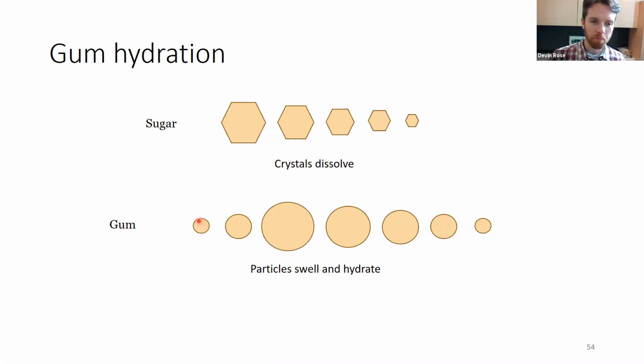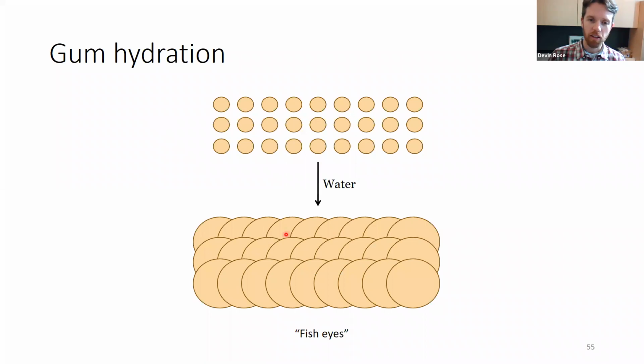And when we put those particles into water, they swell. And if we have those particles too close together, then they all stick together, and we form what's called fish eyes, which are very undesirable. They're basically chunks of dry gum that are floating in your product that, first of all, aren't creating viscosity, and they also have this really disgusting lump there.